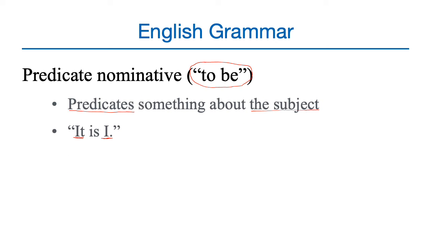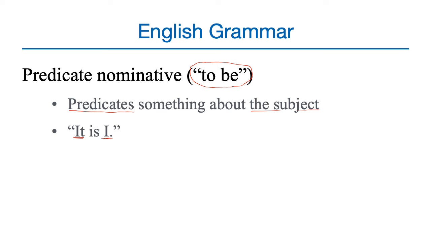Also, in English grammar, there is something called the predicate nominative, which we don't hear much about, and it deals with the verb to be. The verb to be is am. When you say I am, the word am is the verb to be.